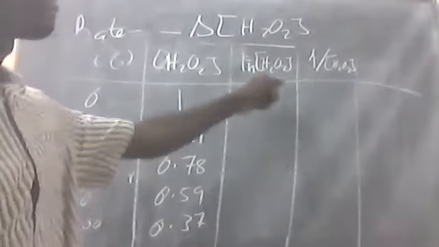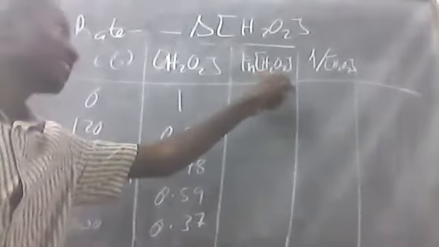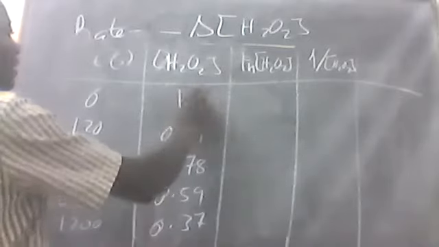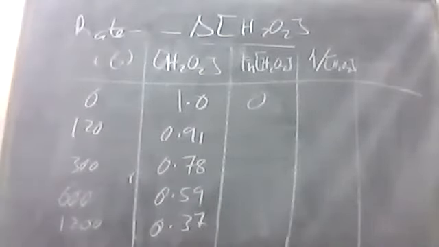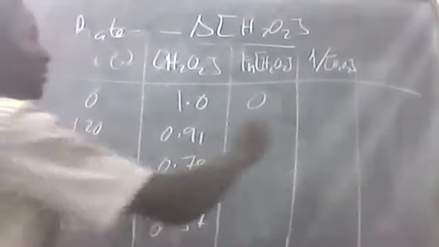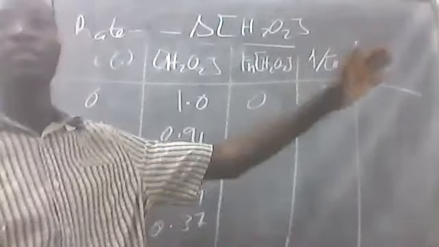The natural log of the concentration value is what we have here. The natural log of 1 is what? It gives you 0. And 1 over 1 gives you just 1. So you fill in the table, then you plot this.